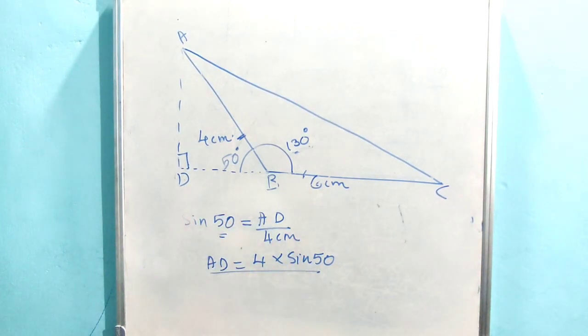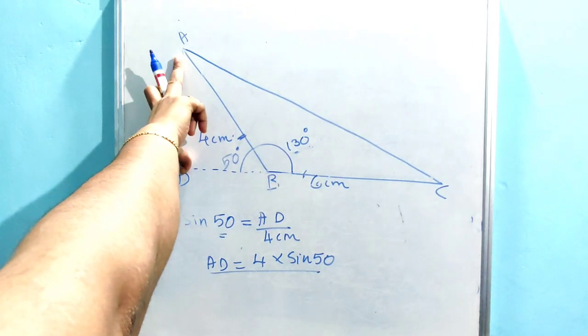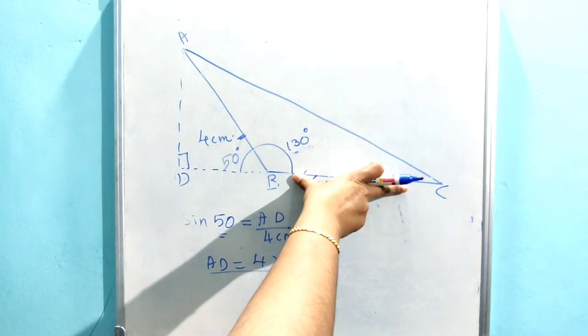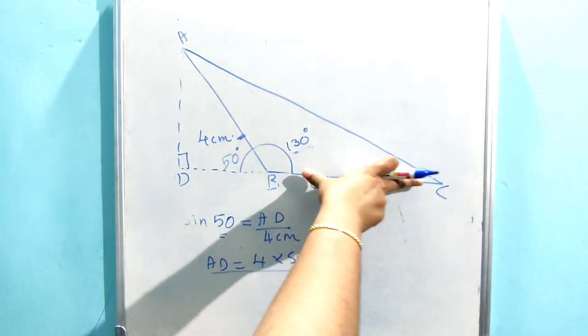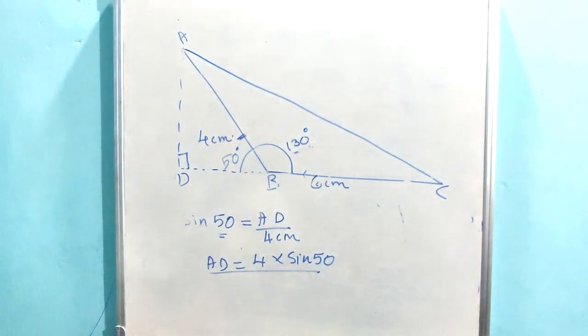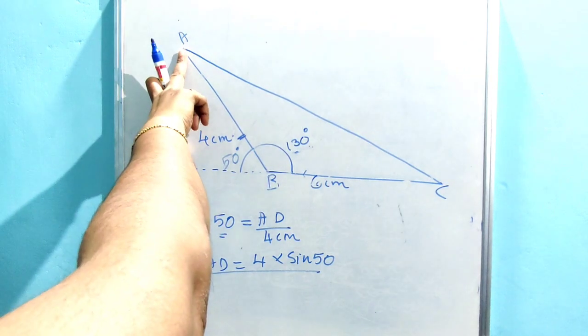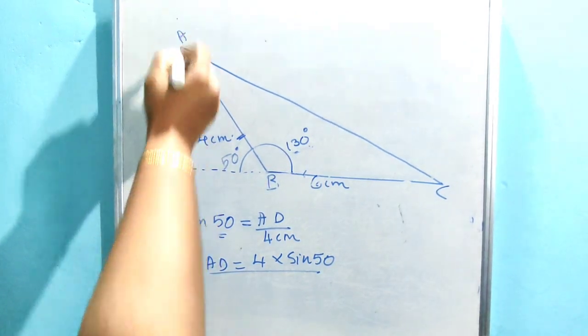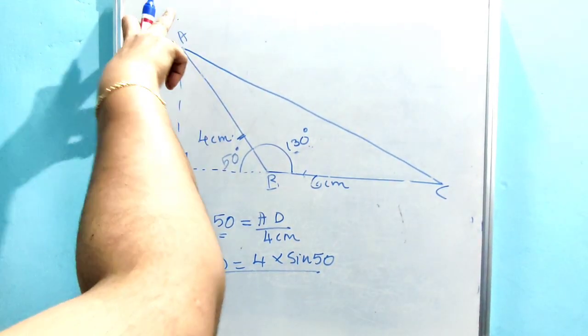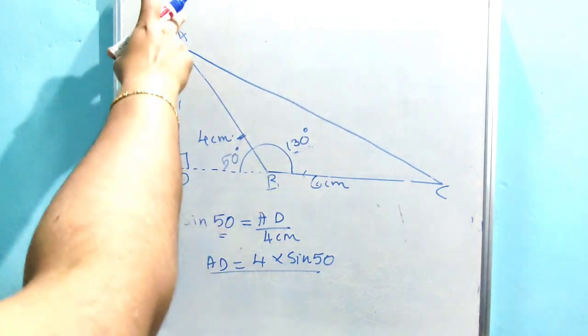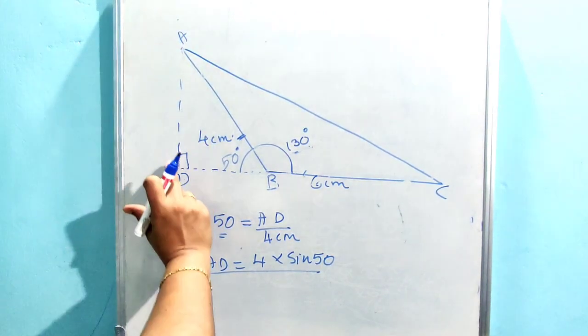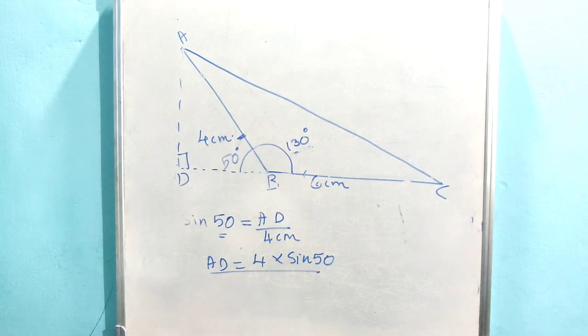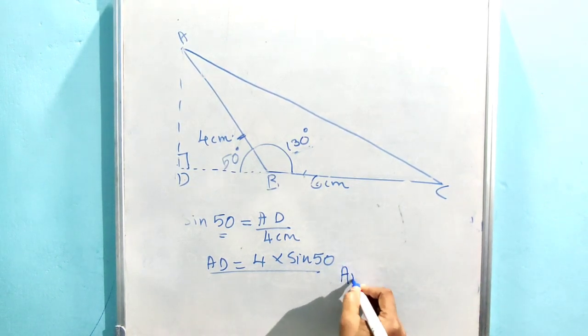Now we are going to calculate. We have the perpendicular distance and here we have the base. See children, this 6 centimeter is the base of the triangle, and the height is the perpendicular distance from the top vertex to the base. So what is area?